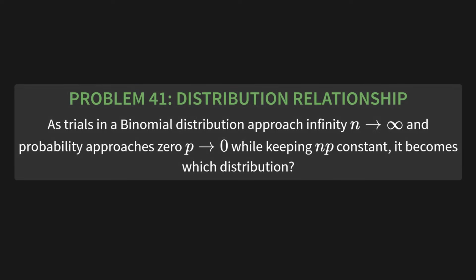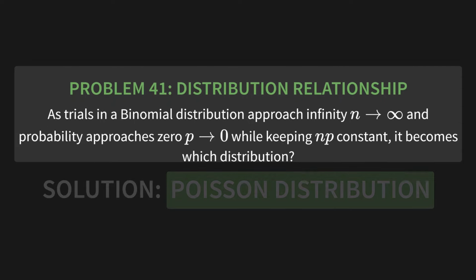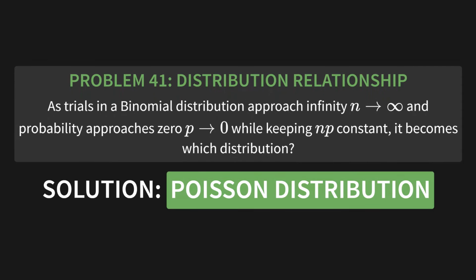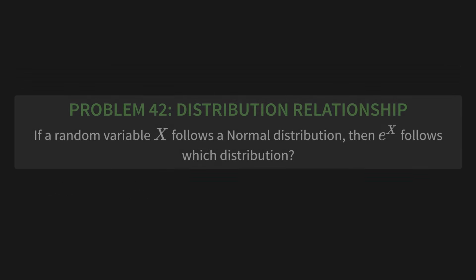As trials in a binomial distribution approach infinity and probability approaches 0, while keeping NP constant, it becomes which distribution? Poisson distribution.